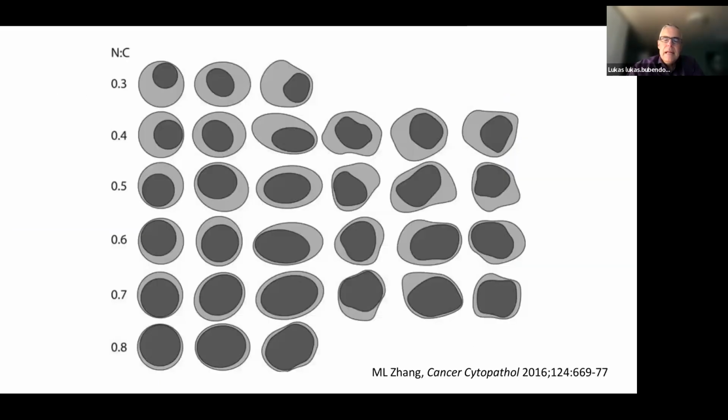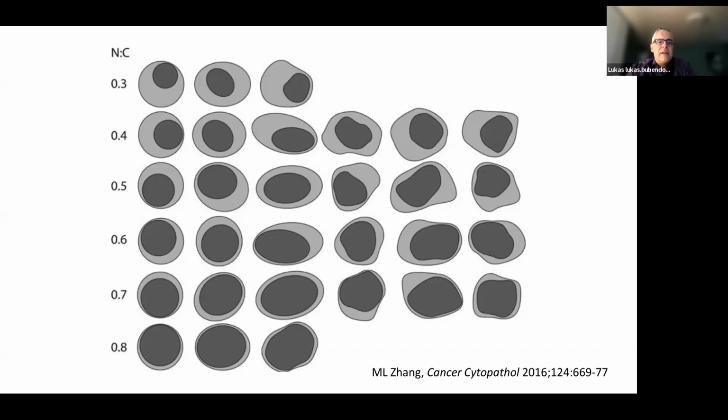The NC ratio is an important criterion in this whole system, and there was an analytical study done 5 to 6 years ago, in which the authors measured digitally the true NC ratio in the cells, and they made this scheme.